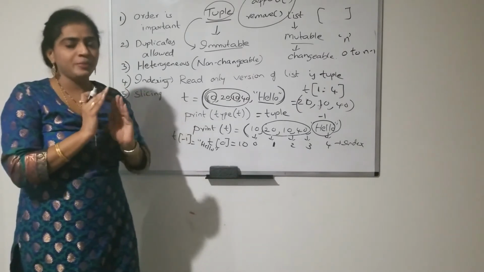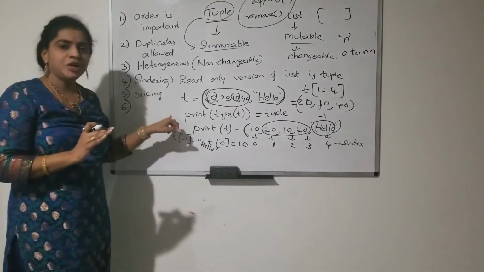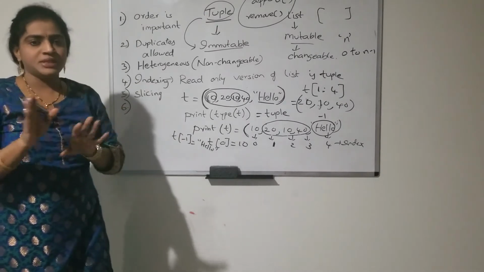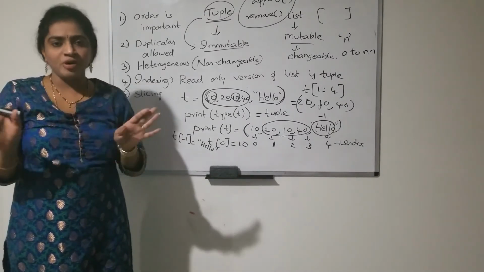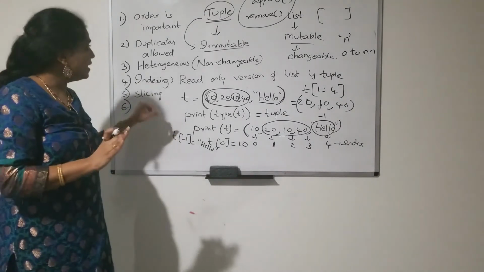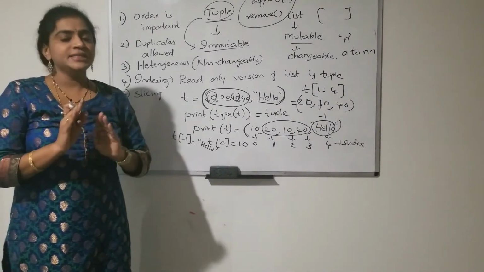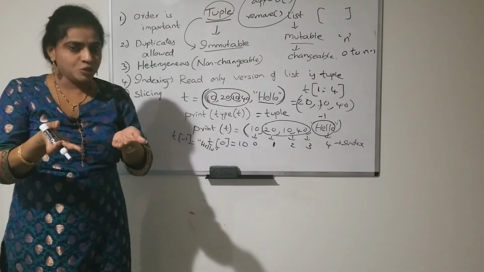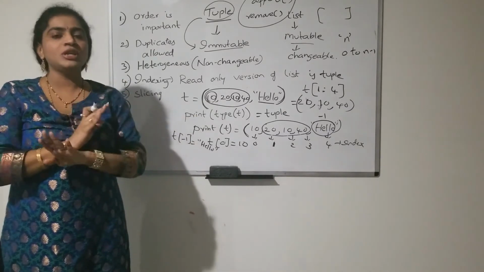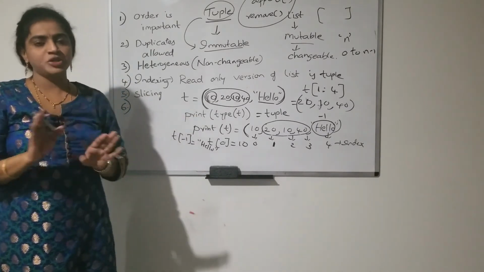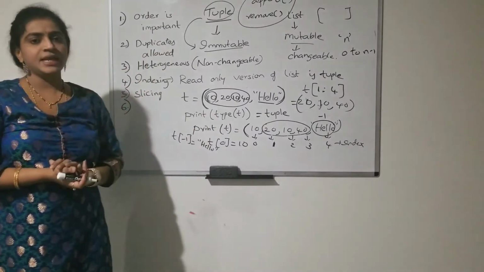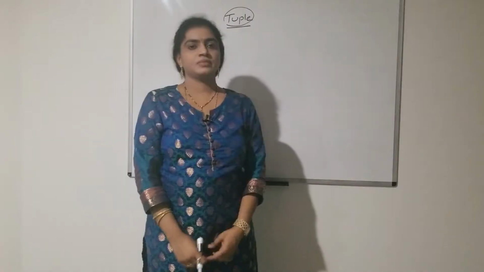That is the meaning of immutable. So insertion and deletion operations, that means append and remove, such built-in methods do not work in tuple. As it is an immutable data type, adding elements into the tuple and deleting elements from the tuple is not possible. That operation is not allowed in tuple.